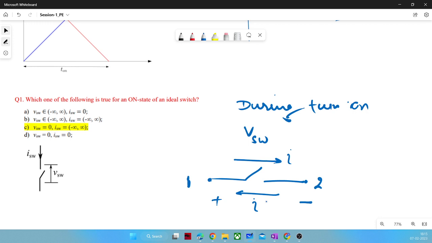So any ideal switch is expected to conduct in both directions.